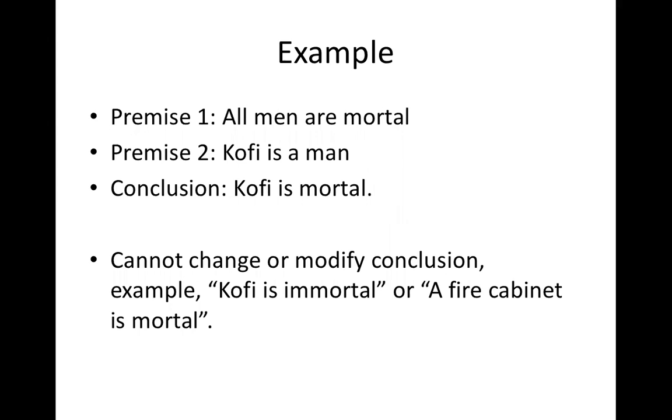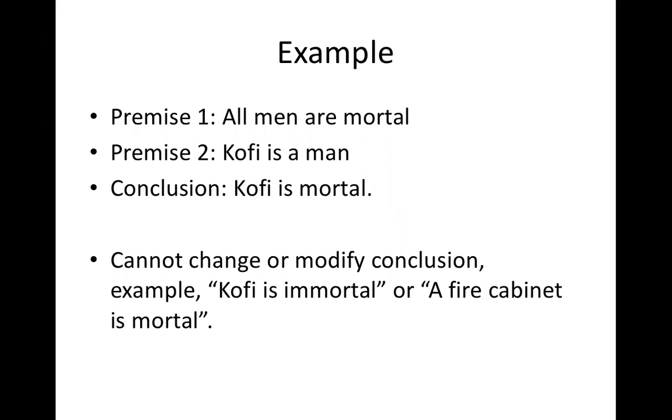So now, if all men is the antecedent and mortal is the consequent, then it means that premise 2 is not just saying something about premise 1, it is specifically saying something about the antecedent. So we will say that premise 2 is saying something about the antecedent.